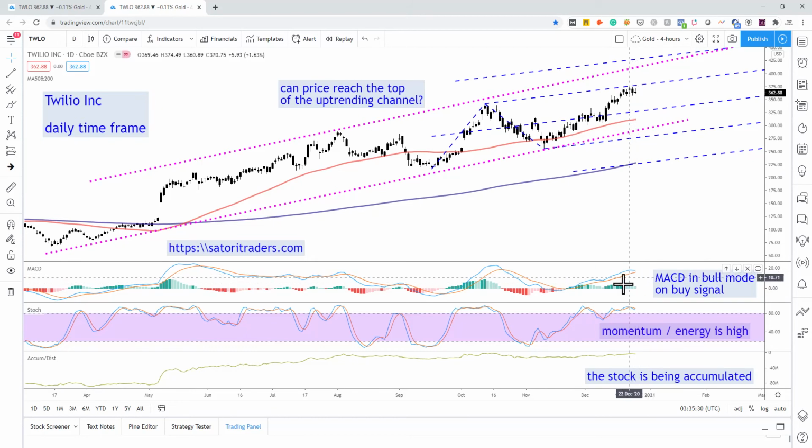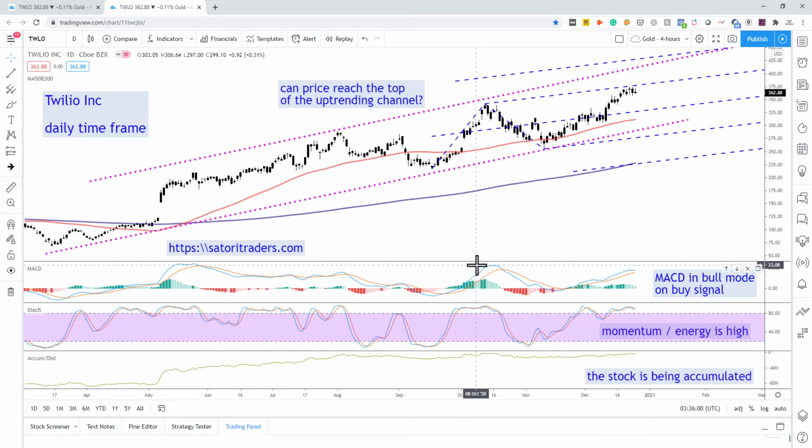MACD could be rolling over here potentially, but notice that based on this prior high in MACD, we still have some room. MACD still has some room before it gets up to that level of overboughtness that stopped this previous price rally.